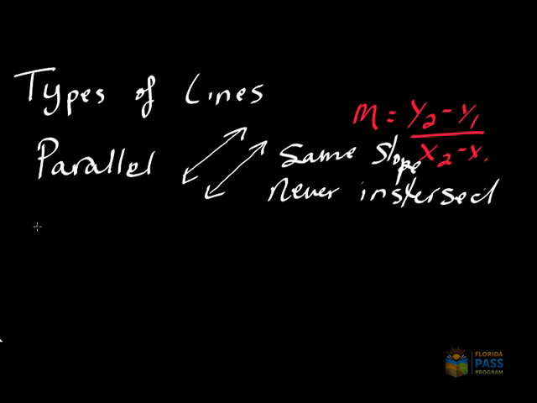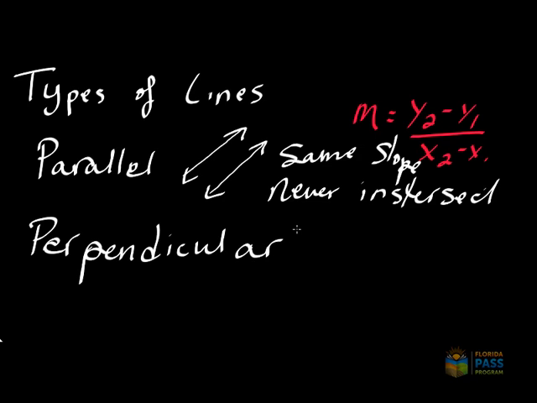All right, here's the second type of lines, perpendicular lines. And if I'm moving too quickly, this is also spelled out for you in lesson number 7 of your workbook. Perpendicular lines are two lines that intersect to specifically form a 90-degree angle.